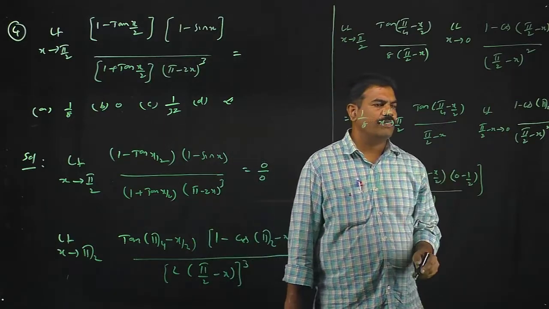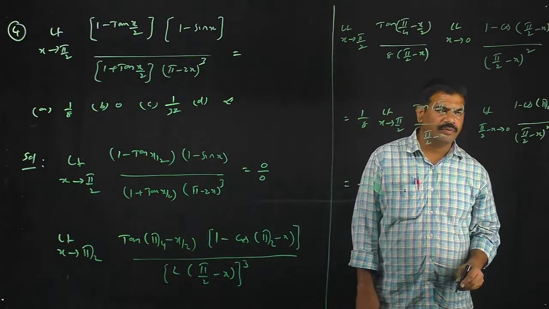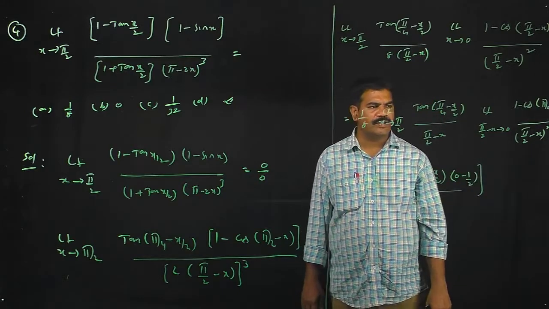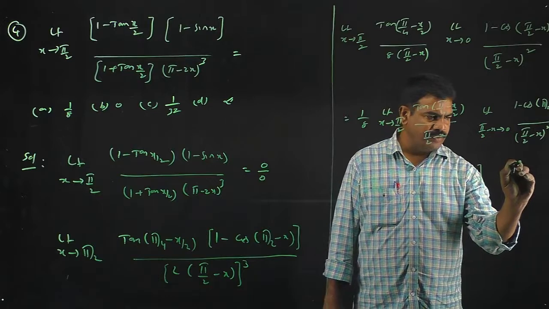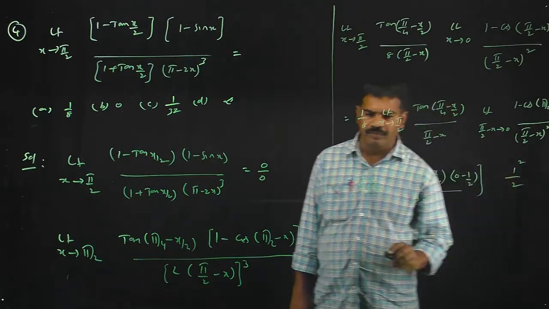This is the form of limit x tends to 0, 1 minus cos ax by x square. Here a is equal to 1, that is a square by 2, that is 1 square by 2.